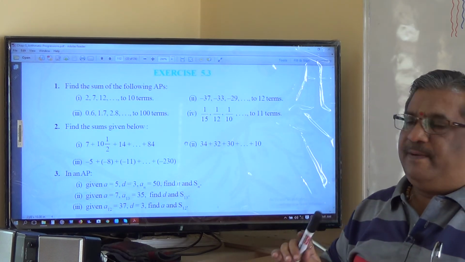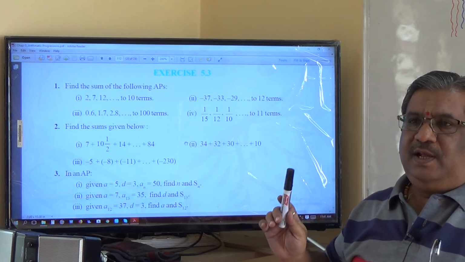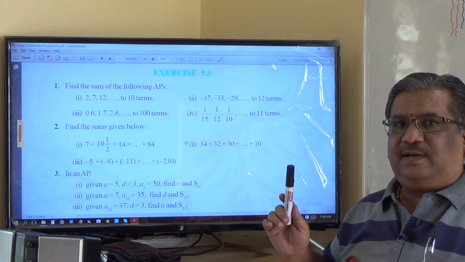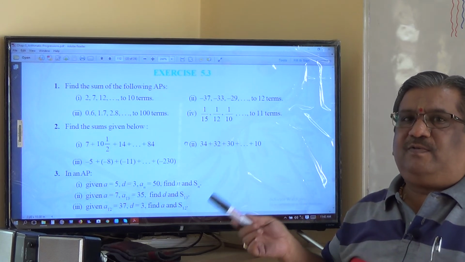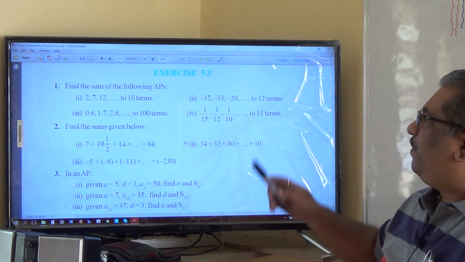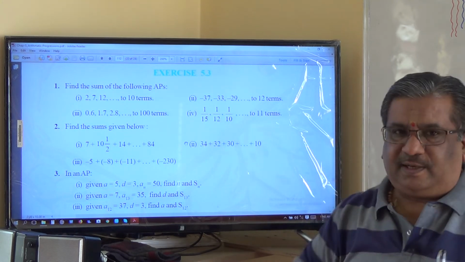If they do not give that the list of numbers is in AP, then first you have to validate that it is in AP, and then you can take up the sum of first n terms. Here, find the sum of the following APs. Second and fourth I'll take now.